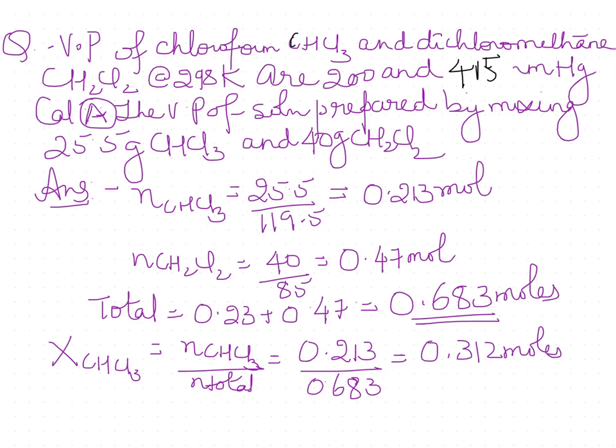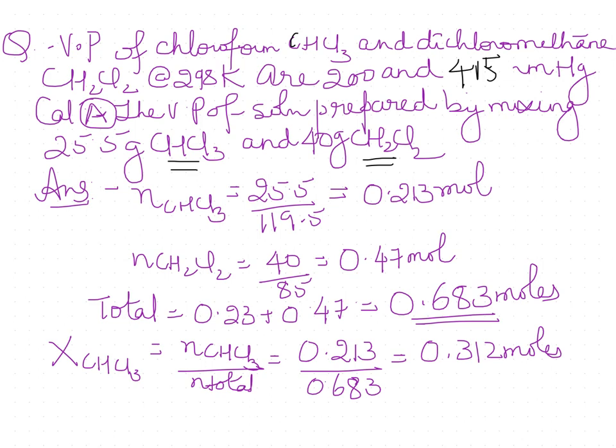Calculate the vapor pressure of the solution prepared by mixing 25.5 gram of chloroform and 40 gram of CH2Cl2. This question contains two parts. The first part is the vapor pressure of the solution. So we start with the question and answer.